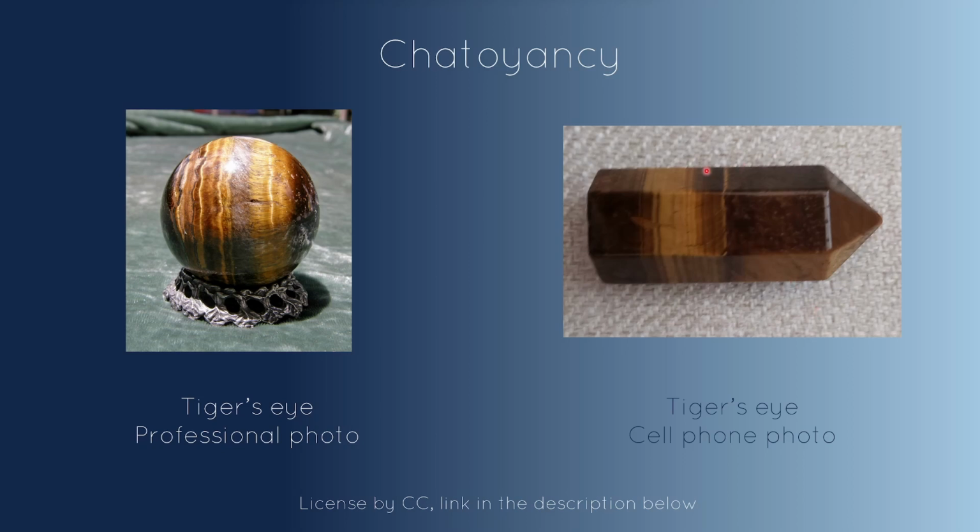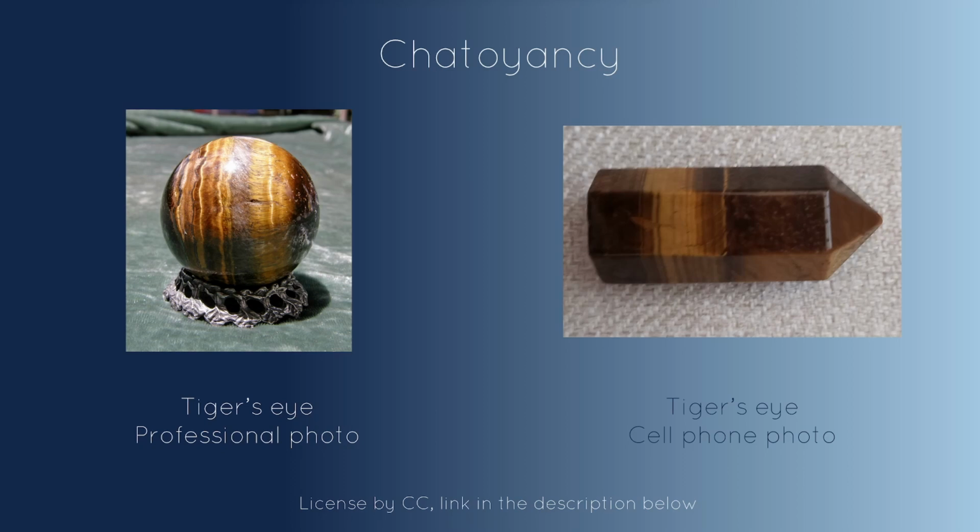Now, this picture doesn't show the brightness of those bands. So again, going back to the point that it is not a good idea to try to identify crystals by photos, because other crystals that have bands are the agates.